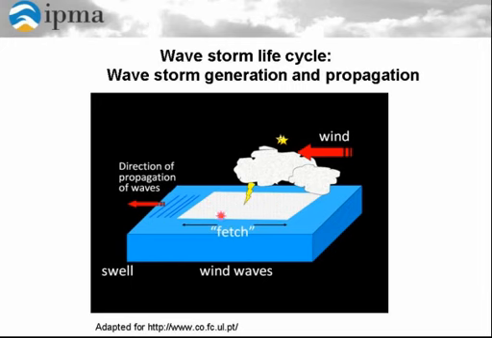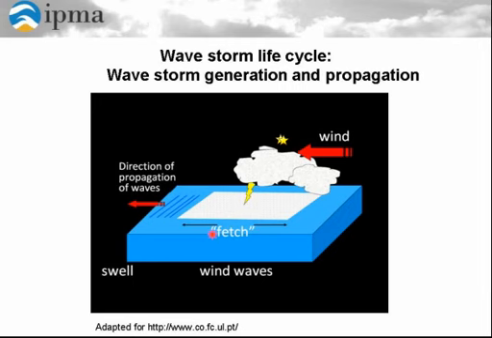The surface of the ocean that is influenced by the wind, we call it fetch. And in this region we have only wind waves, which means short period and irregular waves.